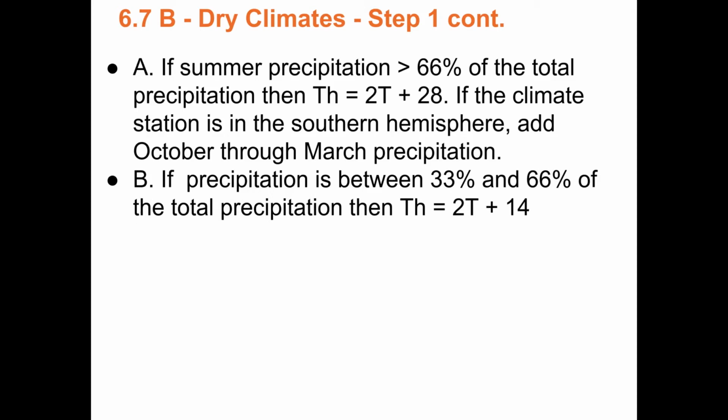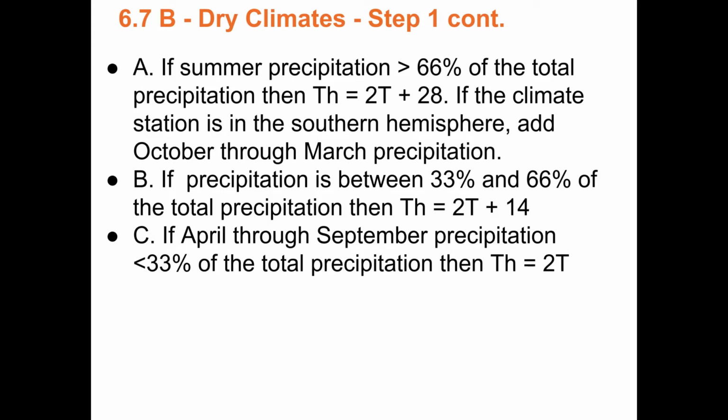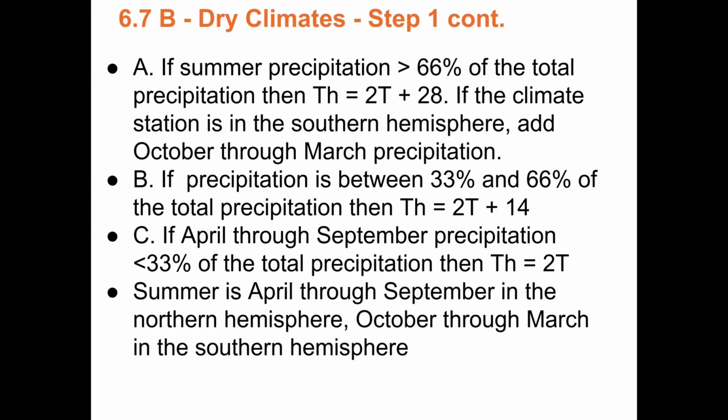If between 1/3 and 2/3 of the rain falls in the summer, then TH equals 2T plus 14. And finally, if most of the rain falls in the non-summer months, then TH just equals 2T. Again, summer is April through September in the northern hemisphere, October through March in the southern hemisphere.